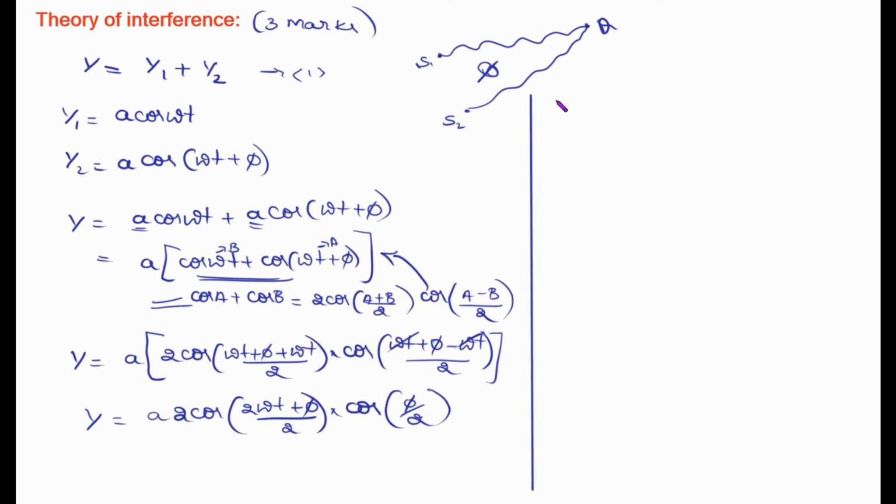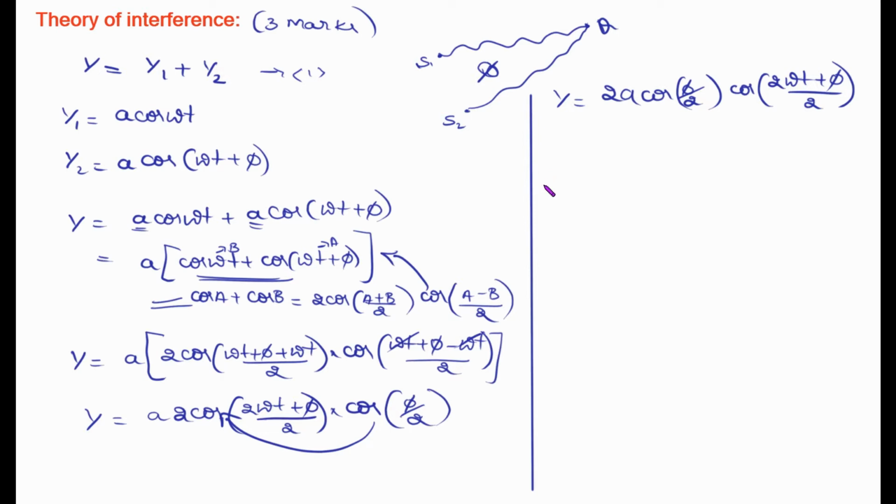So if I rearrange it, y is equal to 2a, taking this term to this side, cos pi by 2 into cos of (2 omega t plus pi) whole divided by 2, you will get.